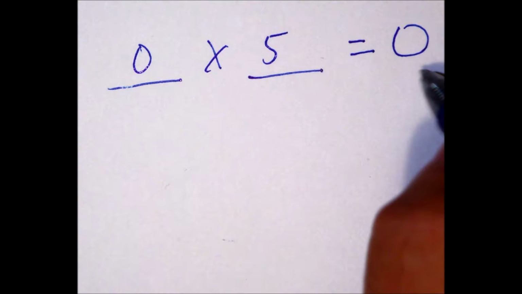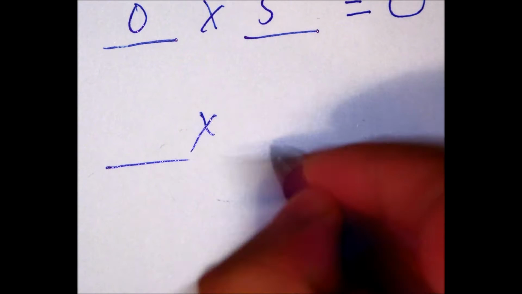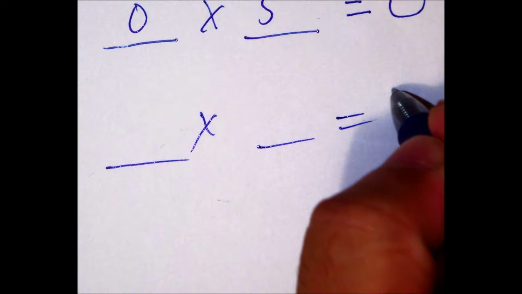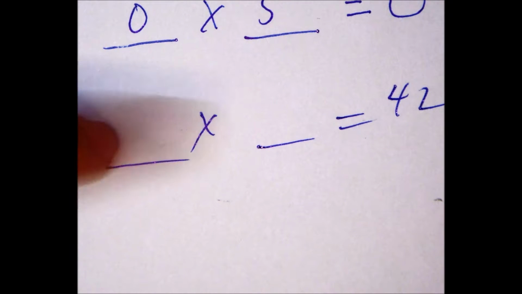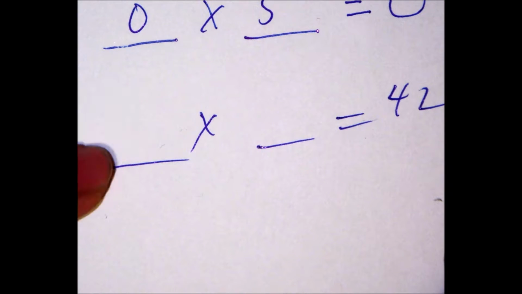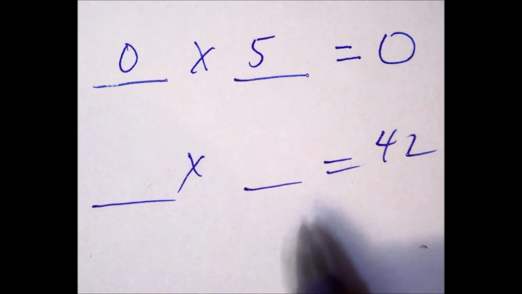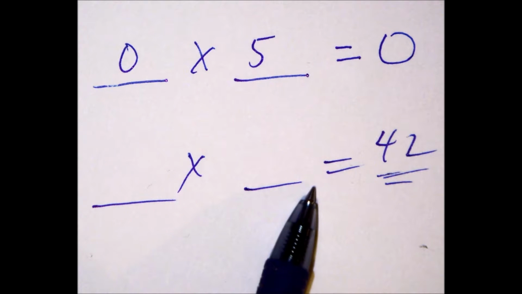The idea is, if I have a product equaling 0, I know one of them has to be a 0. If I had something times something equals, I don't know, 42, it could be 6 times 7, it could be 2 times 21, it could be 3 times 14. The problem is, if this is not 0, I don't have any guarantees what these are.